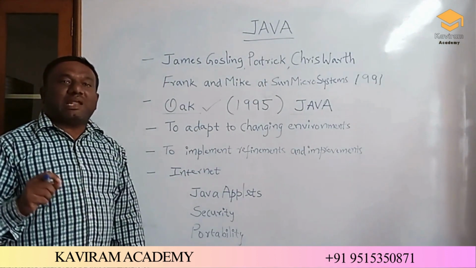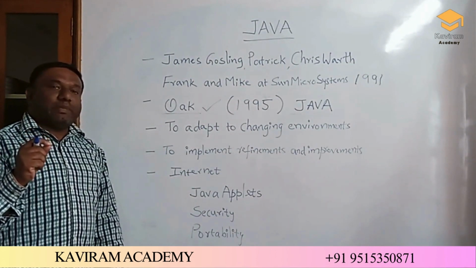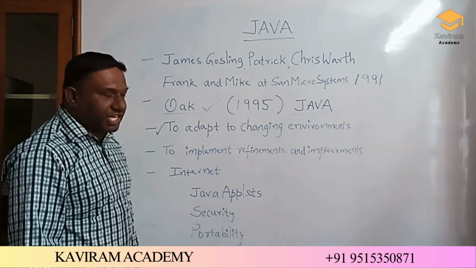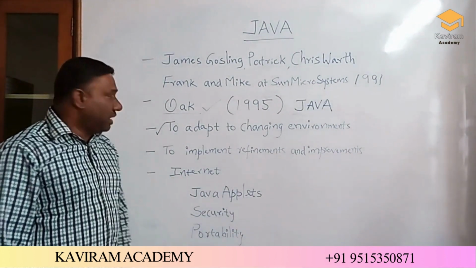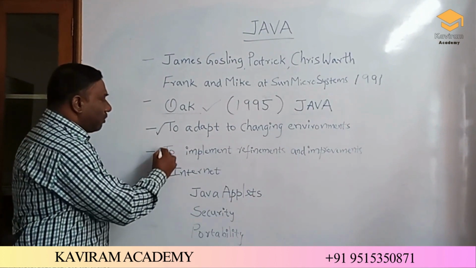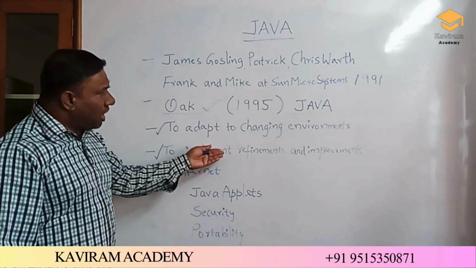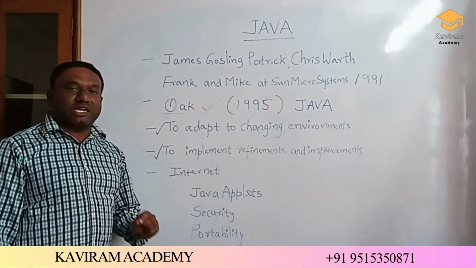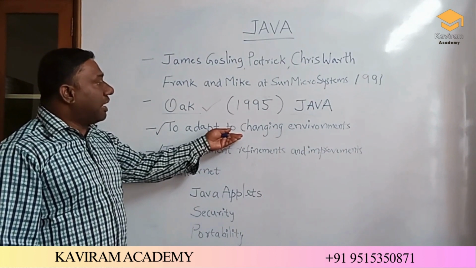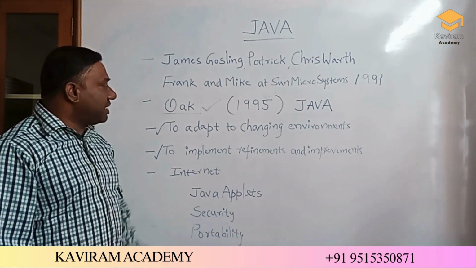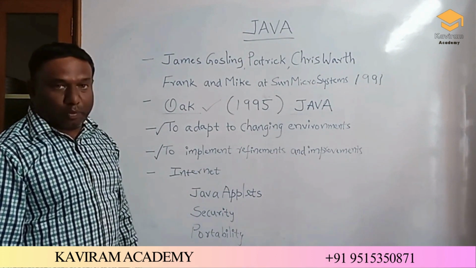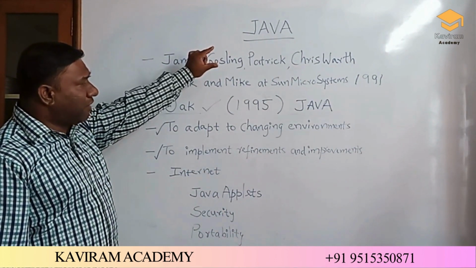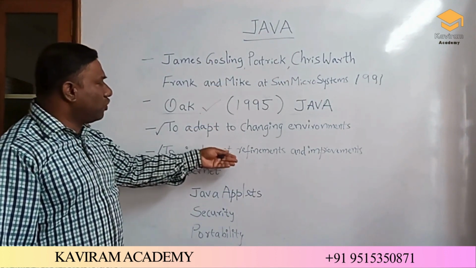Whenever a programming language is designed, it is based on two factors. One is to adapt to changing environments, and the next is to implement refinements and improvements. These two are the important factors whenever a new programming language emerges in our world. Java, a new programming language, was also designed based on these two factors.